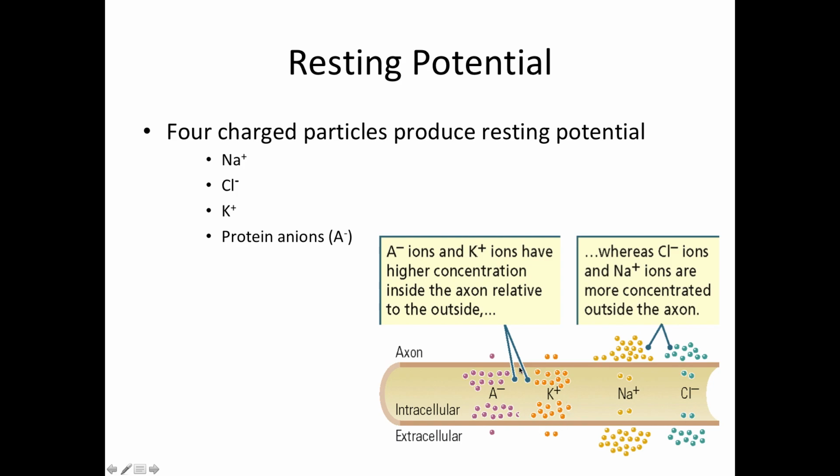So you can see that right here. So whenever the cell is just chilling, it's resting, anions and potassium have a larger concentration on the inside. And then sodium and chloride are mainly on the outside of the cell at rest. So there's a higher concentration of sodium and chloride on the outside of the cell during rest.